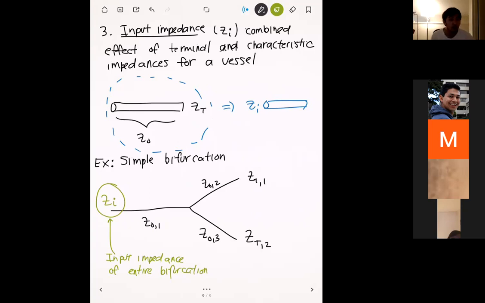And that's what we want to solve for in this case, okay? All right. And so, given everything that we have in black, we can use that information as well as the formulas that we have before to solve for the input impedance of this entire tree, okay? Okay, so any questions on the problem setup?